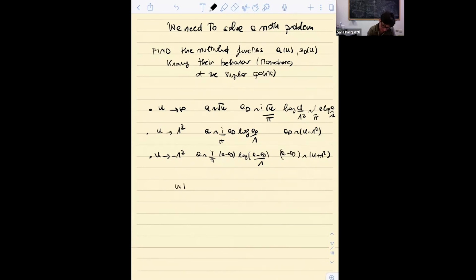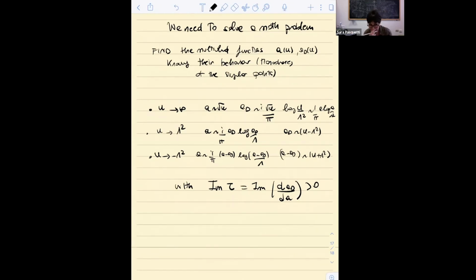And we want a requirement: that the imaginary part of tau, which we calculate as the derivative of A dual with respect to A, is positive, because that is basically what brought us here, because we want the gauge coupling 1 over g squared to be positive. So in this way, the problem is formulated as a standard math problem. It's basically a Riemann-Hilbert problem.